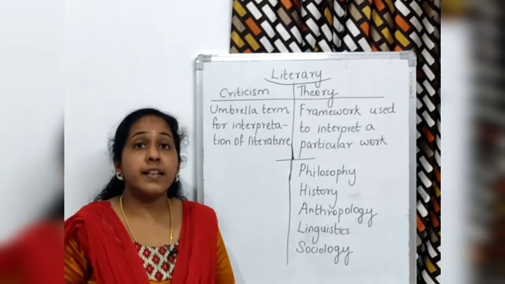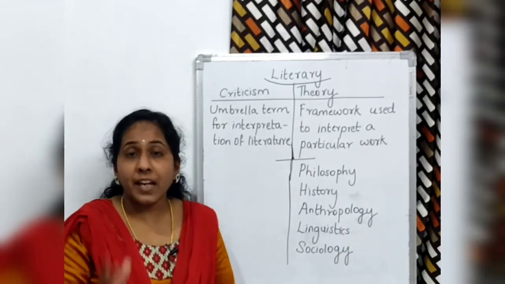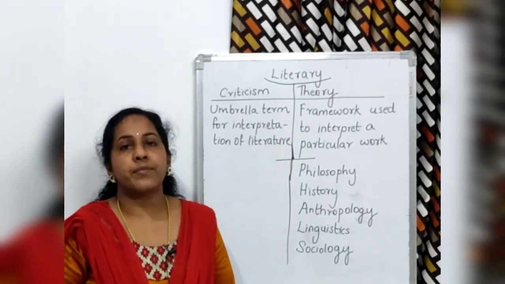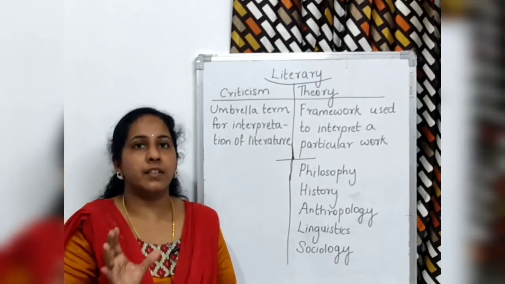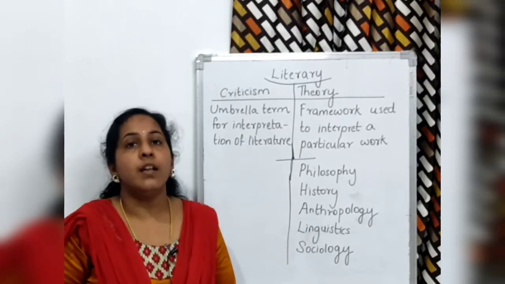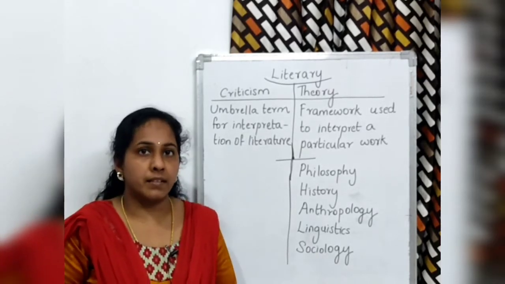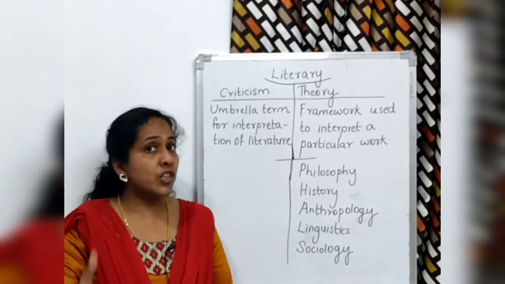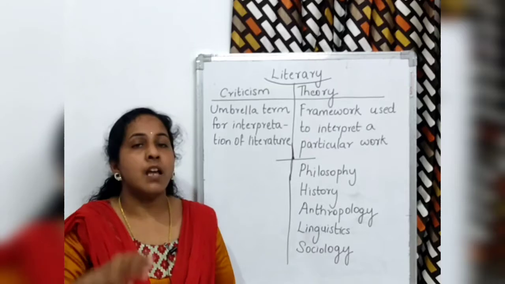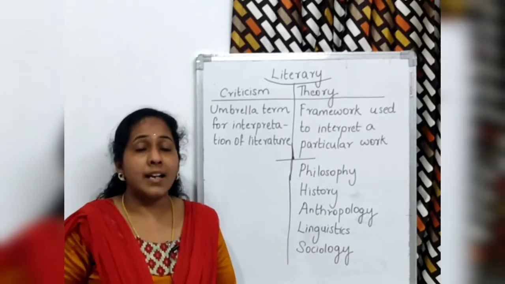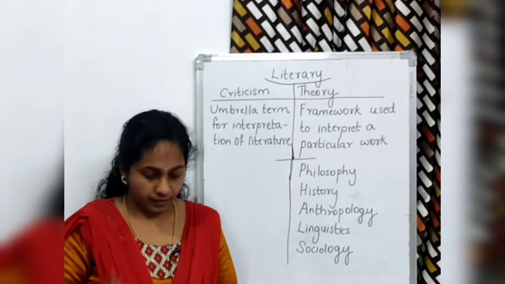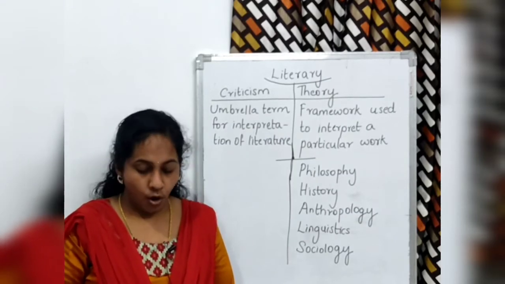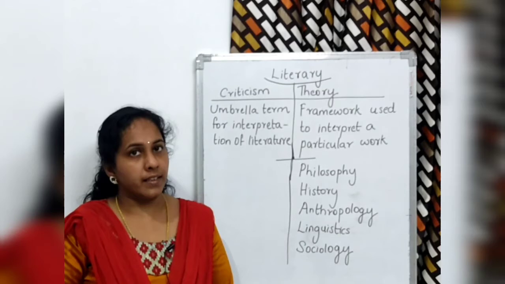But literary theory is a framework or frameworks used for the interpretation of a literary text. It is a set of frameworks within which we interpret a literary text, and that is literary theory. These principles, the set of principles we talked about while discussing literary theory, can either be derived from the text itself or from external areas.